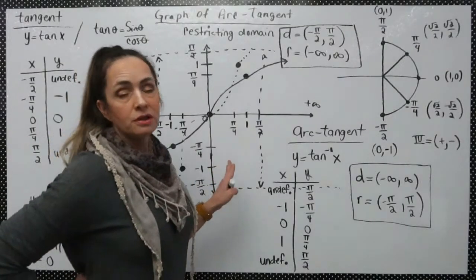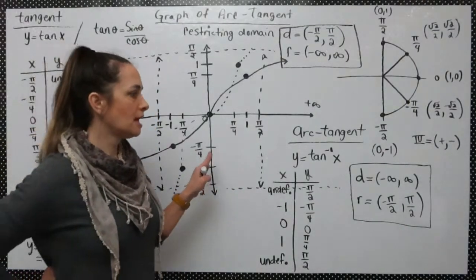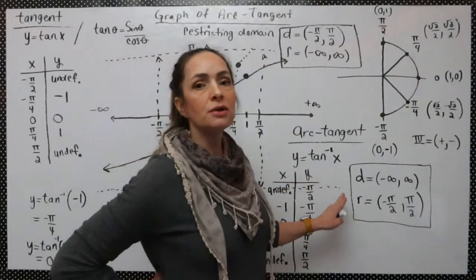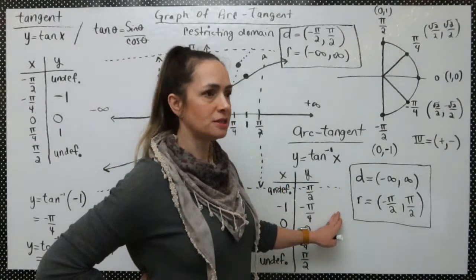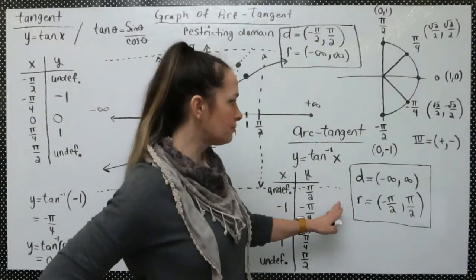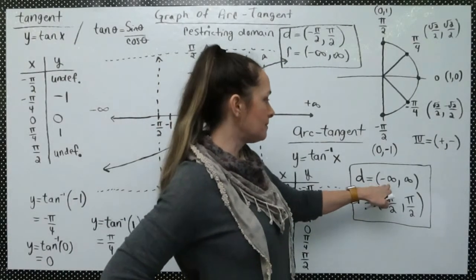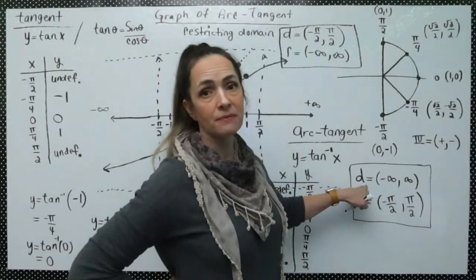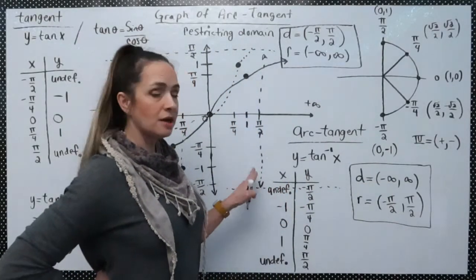Now, when you invert this function, it produces a unique, separate function that has all real numbers for a domain. That means that every real number that you plug in will return a value.